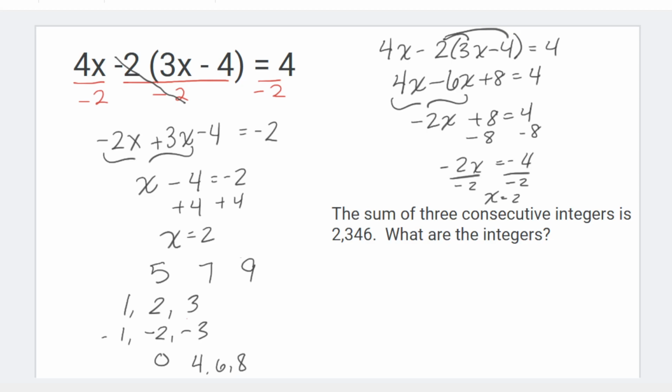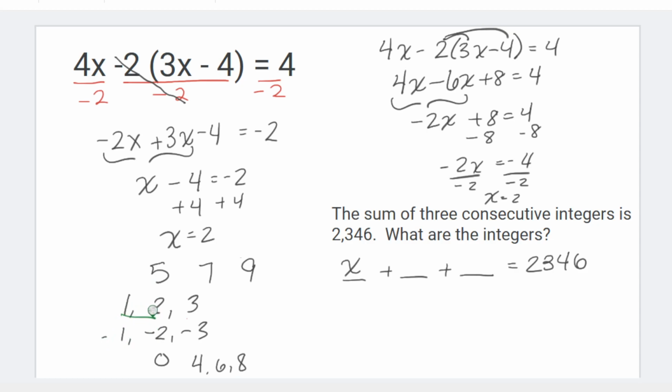And so similarly to the mixture problems, I actually write this out as a number sentence. So I have three numbers being added together to make 2346. Now, I don't know what that first number is. And when we don't know what a number is in algebra, we just put an x there. So then we have to think. To go from the first number to another number, what do we do?